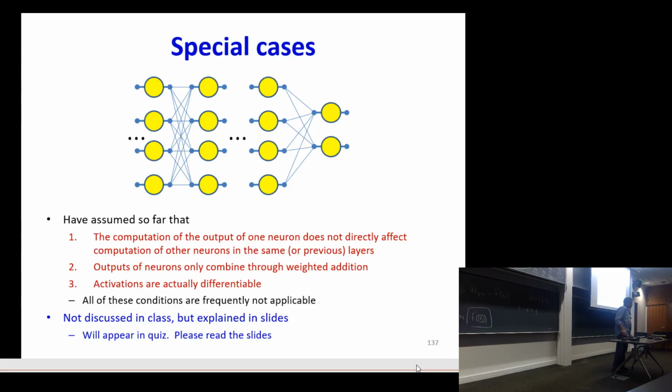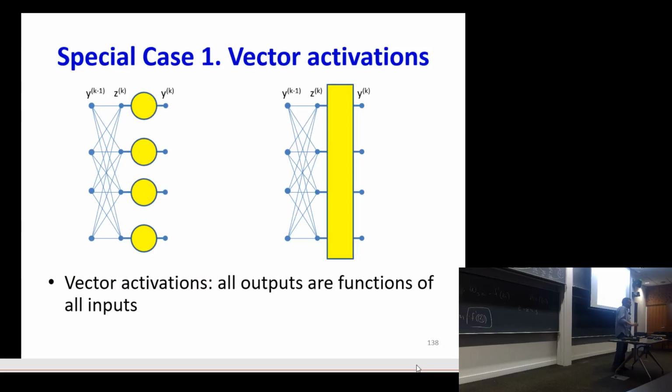I won't actually go through it, but the key point I want to make is that very often you're not going to be computing the outputs perceptron by perceptron. You're going to be looking at a bunch of inputs and computing a bunch of outputs. So here, these are what I would call scalar activations. Modifying one z affects only one y, right?